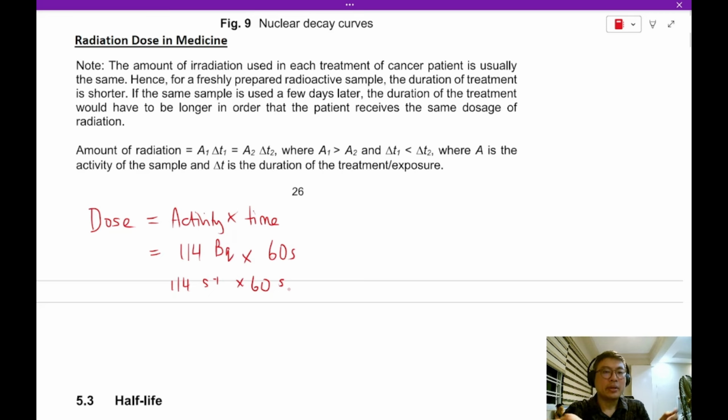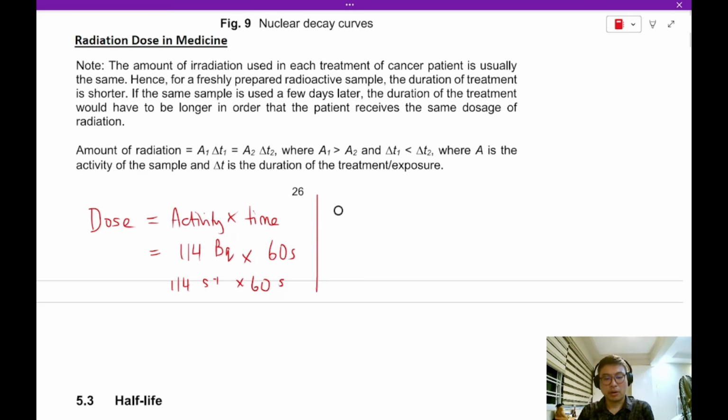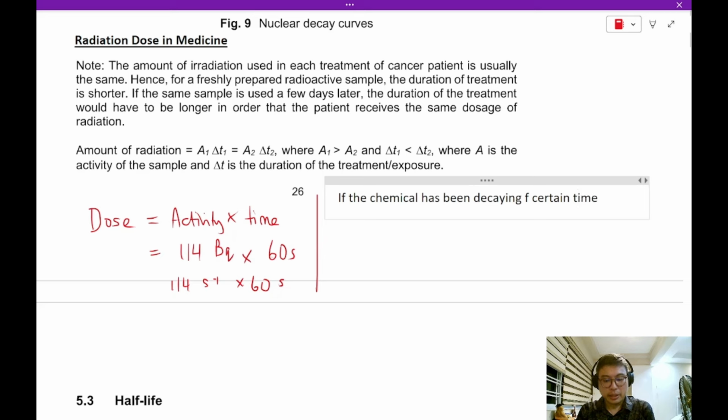So what happens is that if your radioactive substance is a bit older, if the chemical used for the radioactive treatment has been decaying for a certain time, then the activity level will be lower.